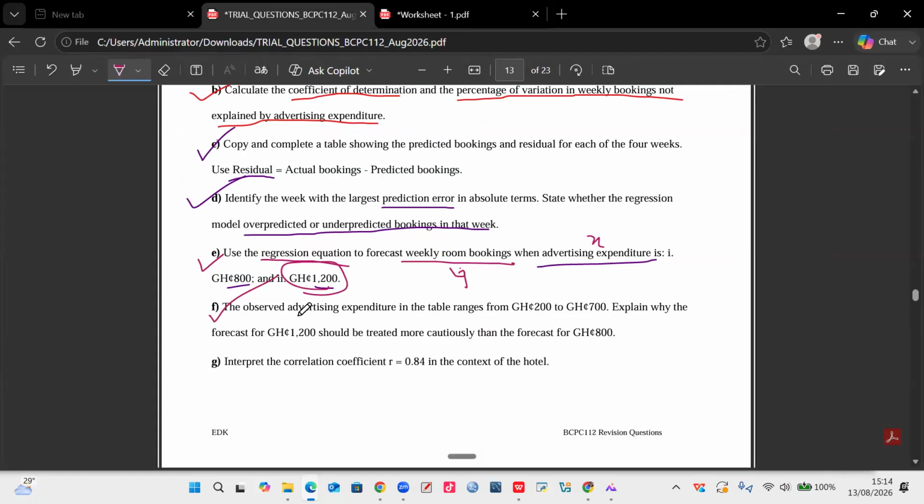The observed advertising expenditure in the table ranged from 200 to 700. Explain why the forecast for 1,200 Ghana cedis should be treated more cautiously than the forecast of 800 Ghana cedis. So what can you say?